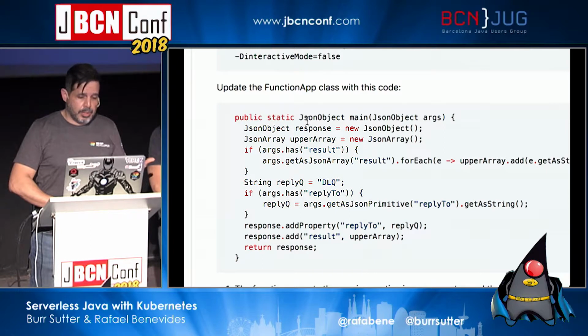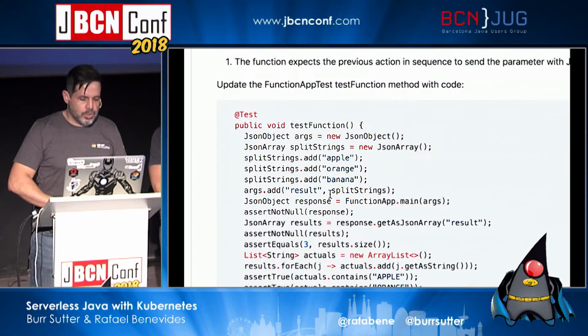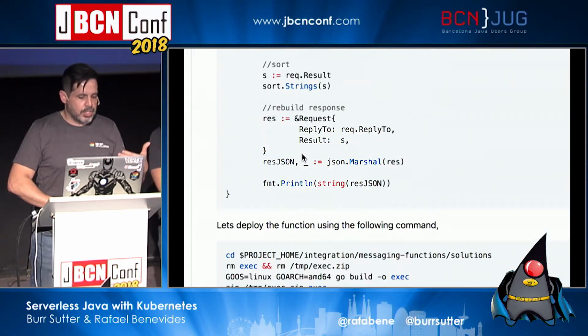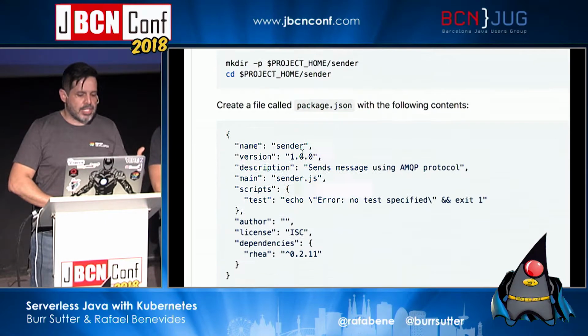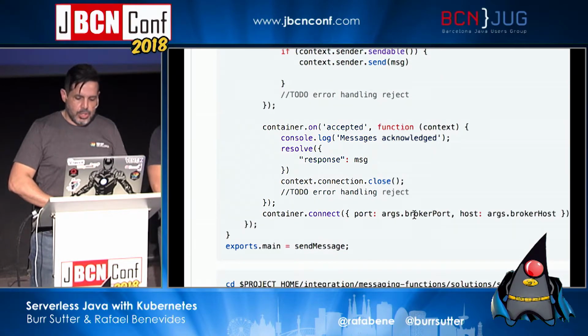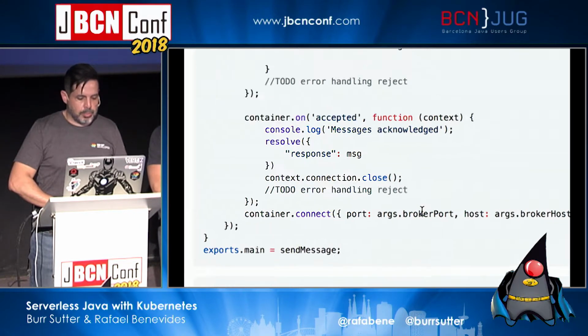The function written in Java will get the argument, the result from the previous function, turn them into uppercase, and then forward the reply to result. And then it continues through the sort action, and finally the message action that will post back the message to the broker based on the broker host and the broker port.